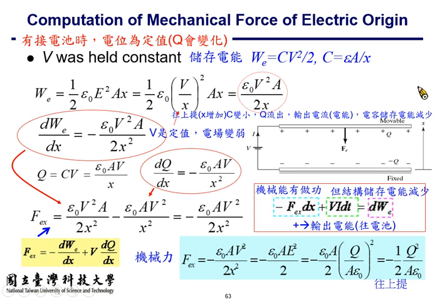So if you substitute V with E times X, then you can find out the stored electrical energy, WE, is this thing. And if you take the derivative of it with respect to x, you end up with this thing.